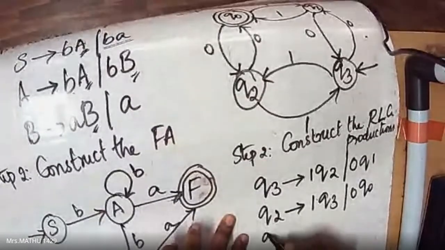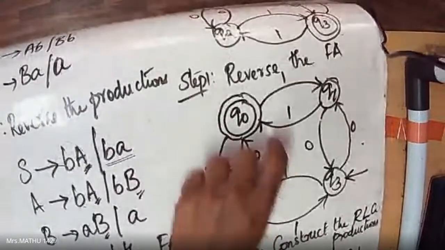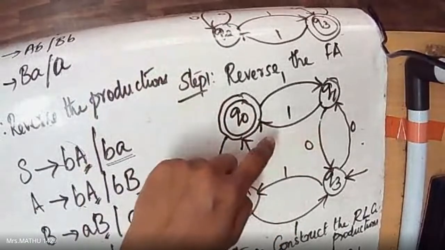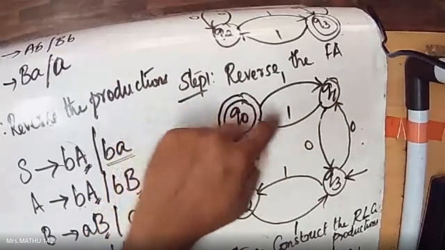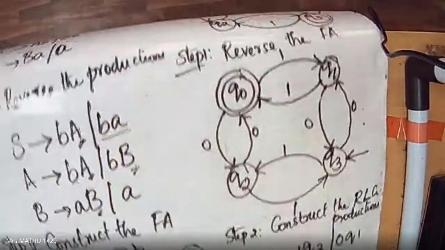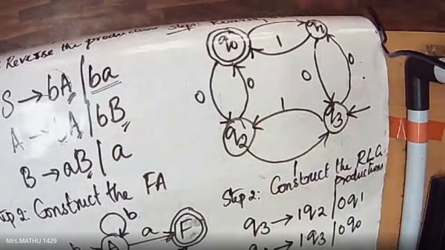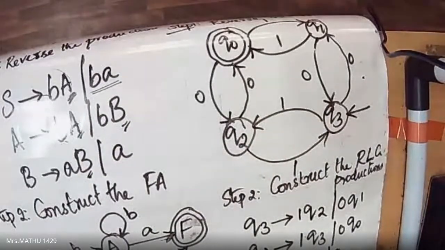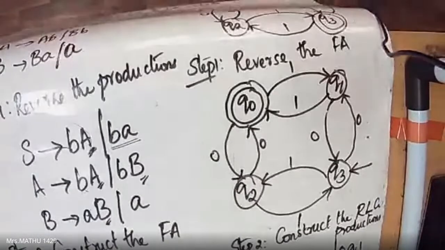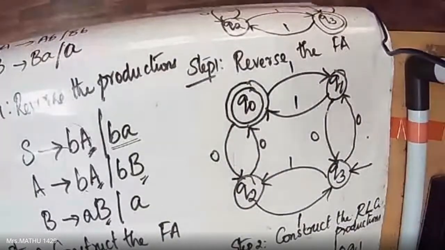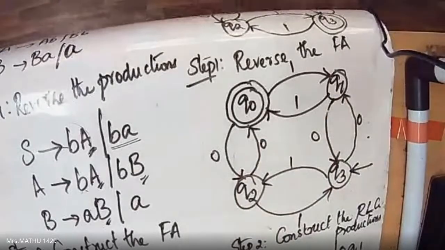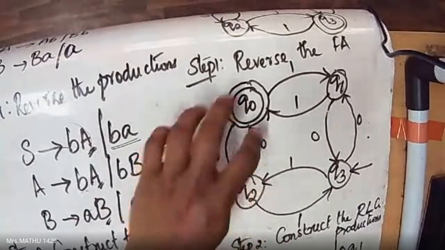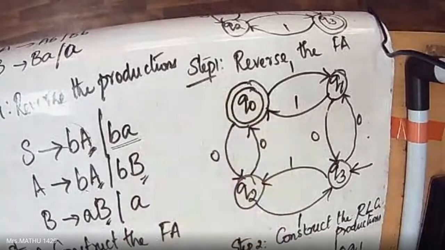Then considering Q1, from Q1 again there are two outgoing edges. 1 goes to Q0 and 0 goes to Q3. Sorry, 0 goes to Q3 and 1 goes to Q0.